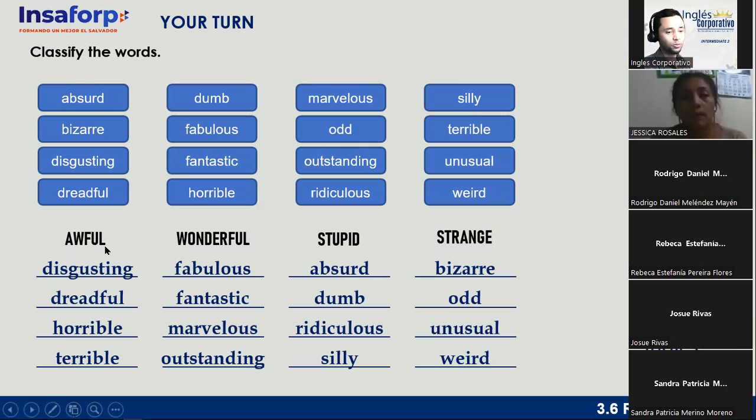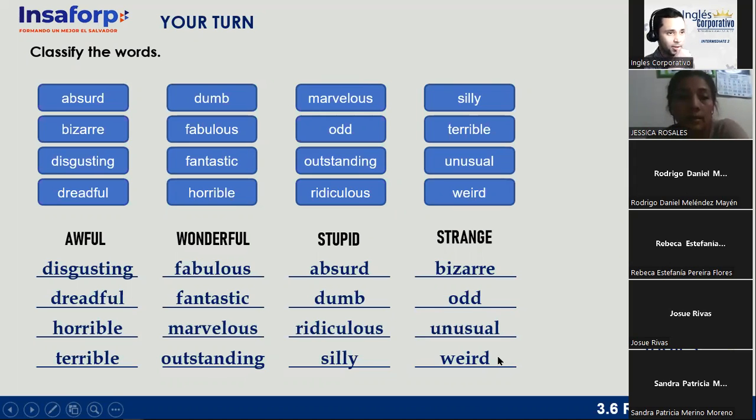We have awful, disgusting, dreadful, horrible, terrible, wonderful, fabulous, fantastic, marvelous, outstanding, stupid, absurd, dumb, ridiculous, silly, strange, bizarre, odd, unusual, weird.